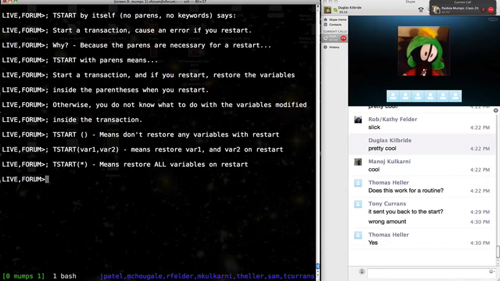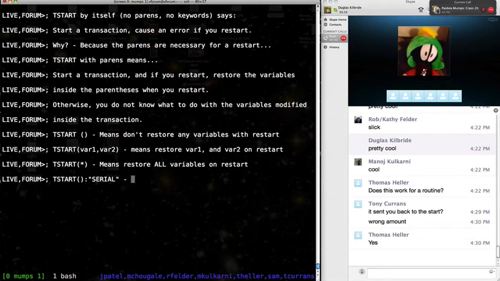So TSTART, I cannot type today. TSTART colon, and we use serial in our program.